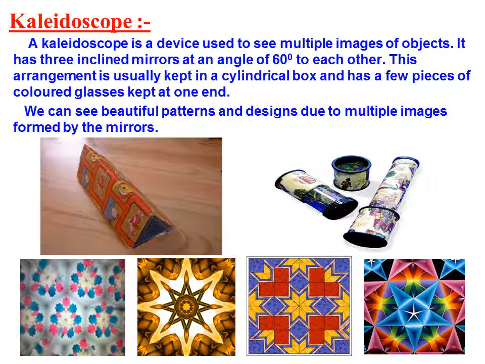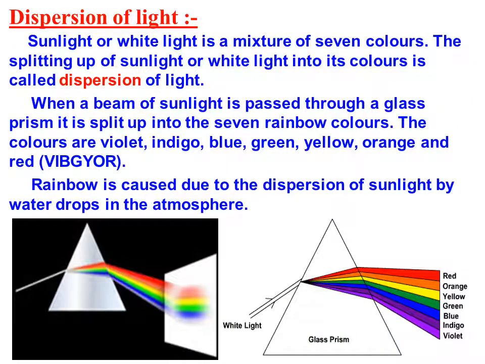Then we will move towards dispersion of light. What do you mean by dispersion of light? Dispersion of light means the light is refracted or dispersed, means displaced in other directions. Sunlight or white light is a mixture of 7 colors.